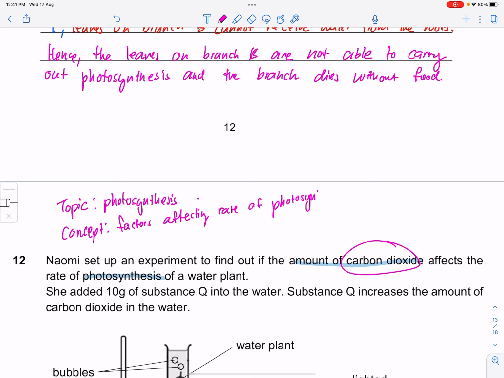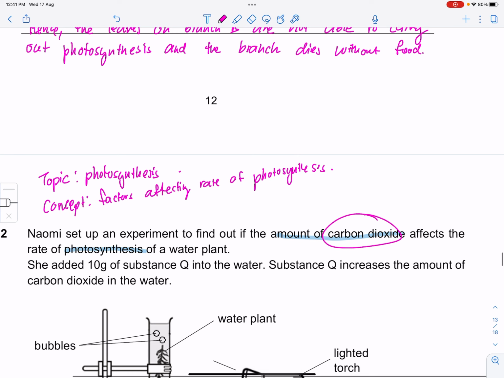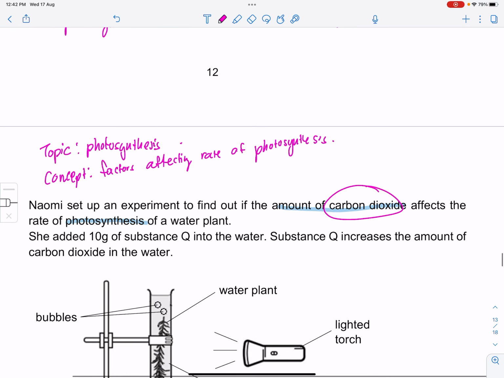So without even looking at the question, straight away I know, based on my word equation, I need water, I need sunlight, I need carbon dioxide. So these three, together with the amount of chloroplast or chlorophyll, are going to affect the rate of my photosynthesis because I need these items to photosynthesize, right? So before I even read, I already know all these things should be in my mind. I'm thinking out loud for you so you know how my brain is processing things.